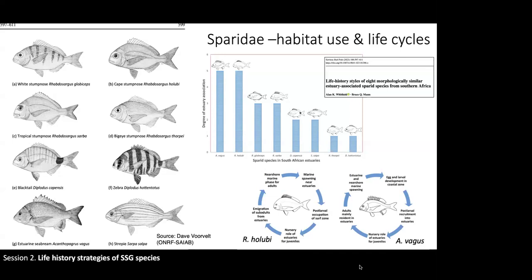And what this illustration shows is that Rhabdosargus holubi spawns near estuaries, while recruitment occurs in the surf zone, whereas Acanthopagrus vagus spawns in estuaries and near shore, and recruitment also occurs in estuaries. Understanding these ecological and life history aspects of the species you're working on or managing is clearly vital.